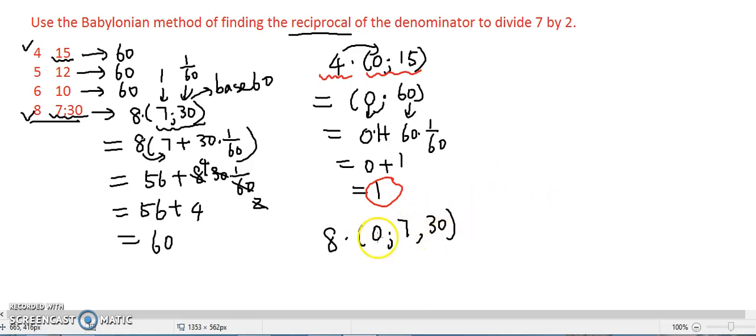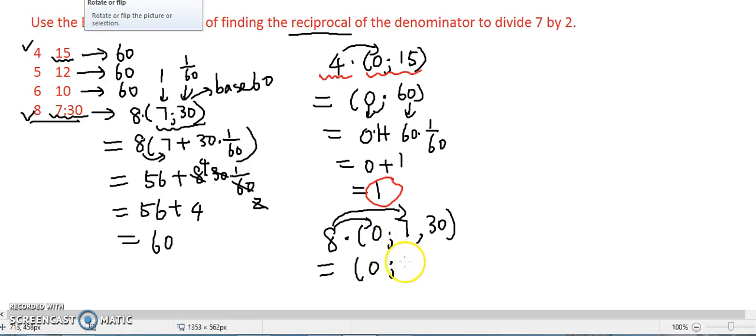Now let's multiply. 8 times 0 is still 0, and a semicolon, then 8 times 7 is 56, and 8 times 30 is 240.